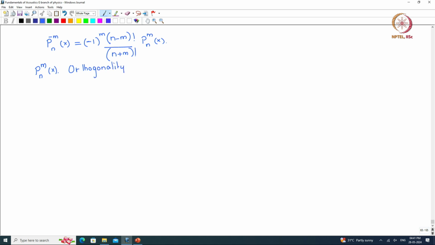That is given by the integral going from minus 1 to 1 of P m n dash of x, P m n of x dx, is equal to twice over twice n plus 1, n plus m factorial by n minus m factorial, delta n dash n.